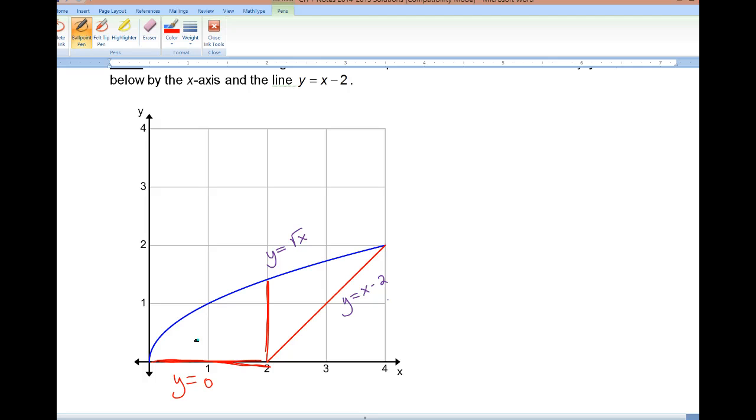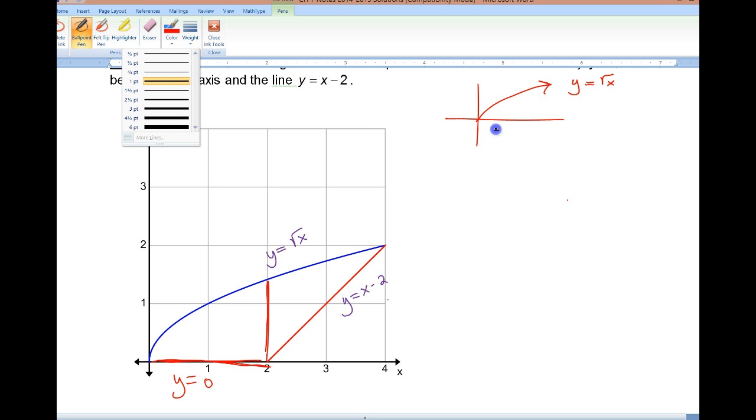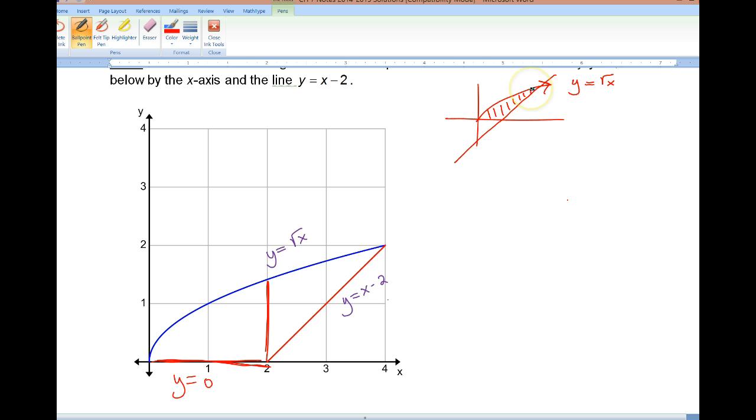Okay, let me just make a quick sketch here. This is the square root of x, right? What's x minus 2 look like? It's going to go like that. But what's the region I'm really focusing in on? You see?